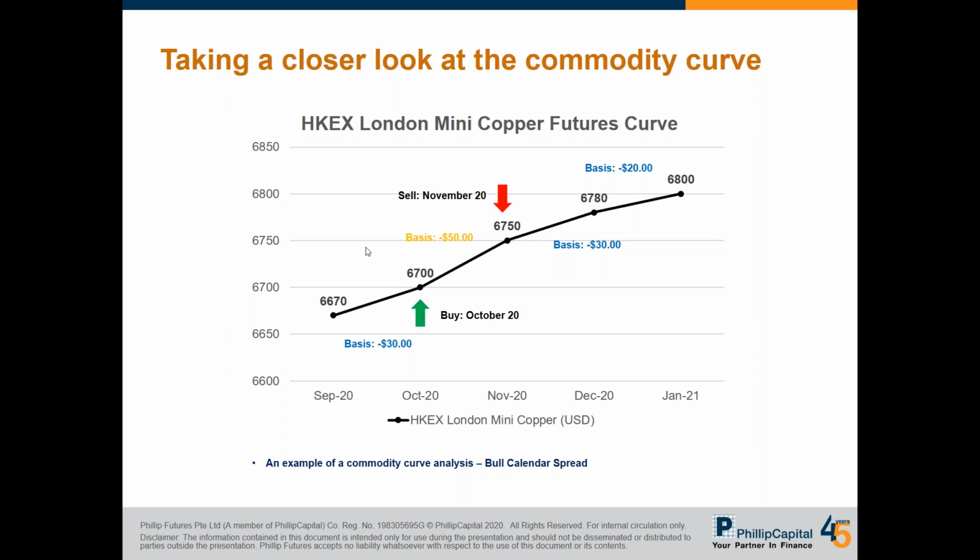An example where backwardation occurs is when there's a very strong surge in demand or a supply shock in the immediate month. That affects backwardation, what we call a flip in the commodity curve. Assuming that we are trying to do a curve spread trade, we look at the various calendar months. We notice, for example, that the difference between the prices each month tends to be around 30 or 20.